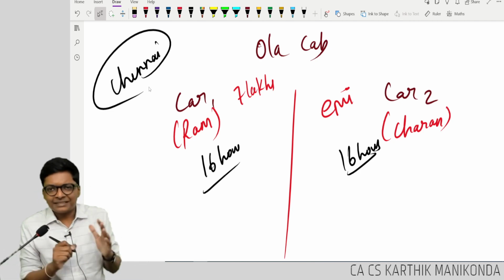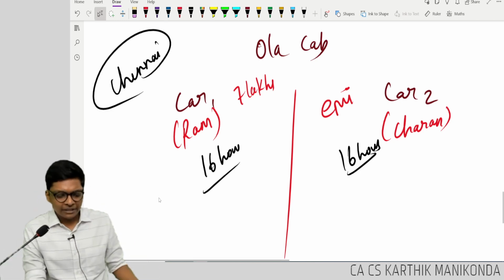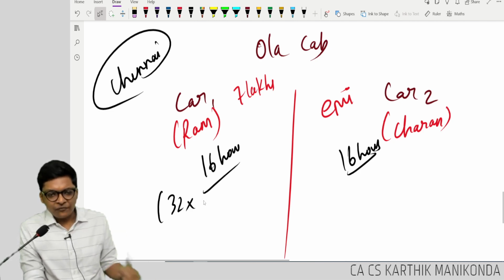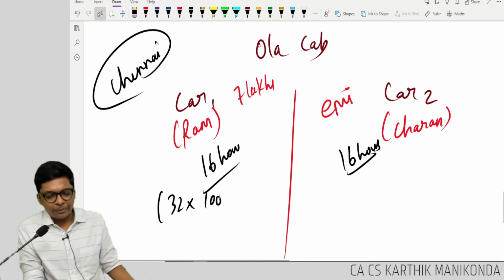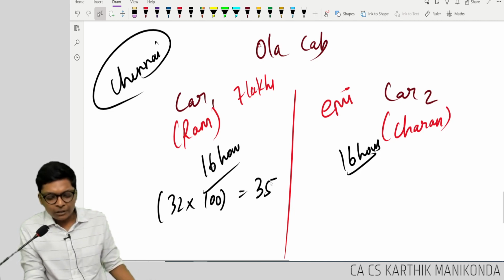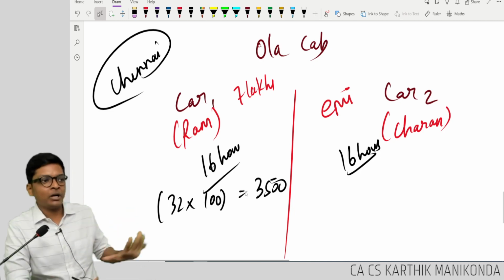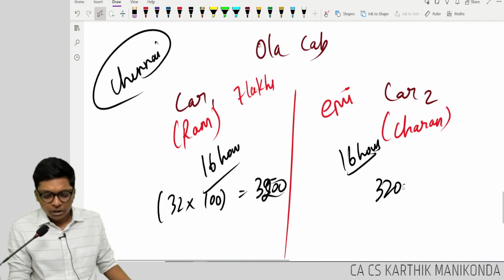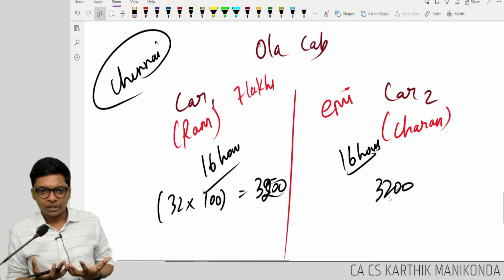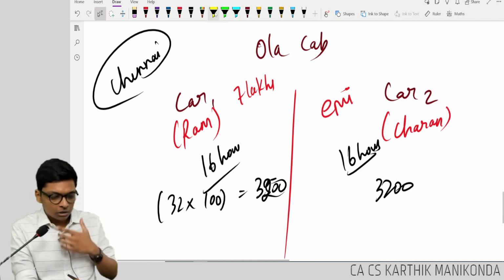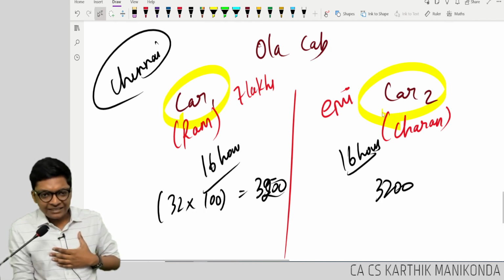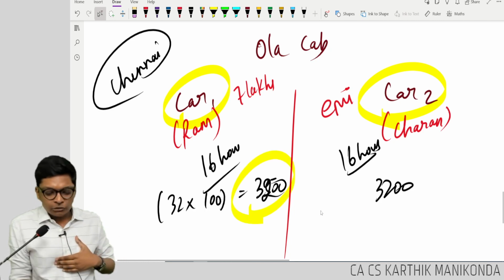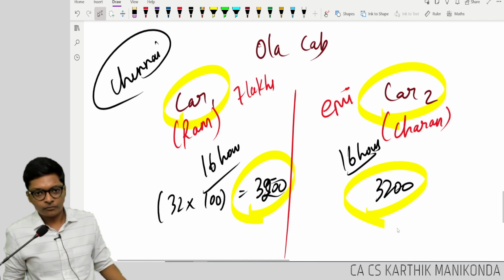So let's say in 16 hours, roughly calculation, every hour 2 trips, so 32 trips, let's say roughly he is earning 100 rupees per trip, roughly 3,500 rupees. I am rounding off, guys, it's 3,200, whatever, okay, 3,200 is the income both of them earn, correct? So both the assets are able to generate a cash flow of 3,200.